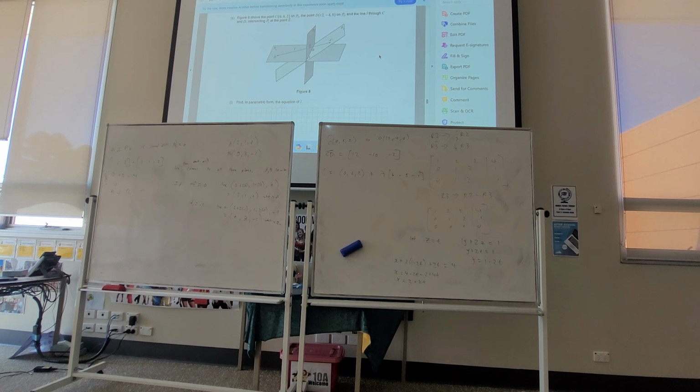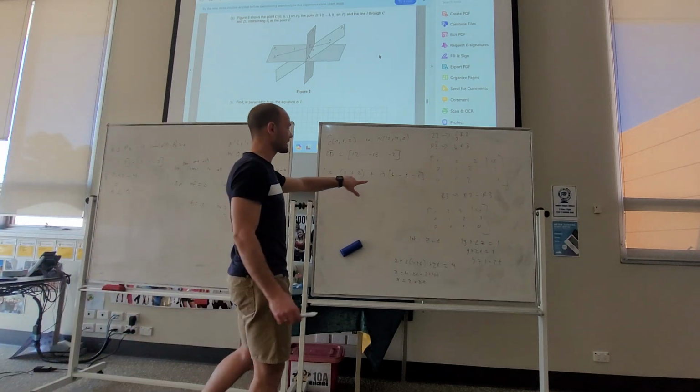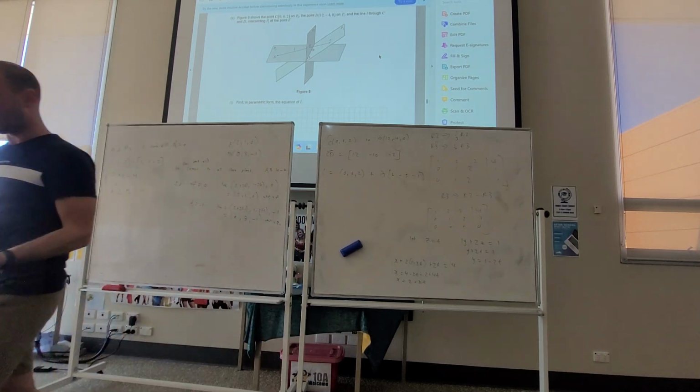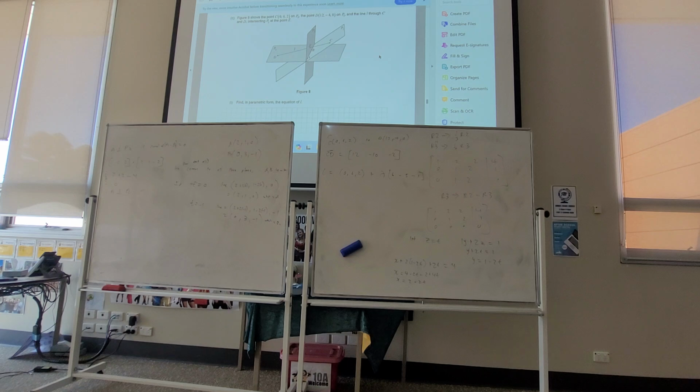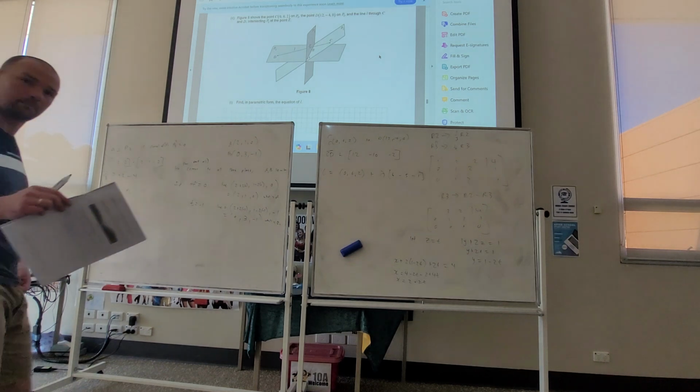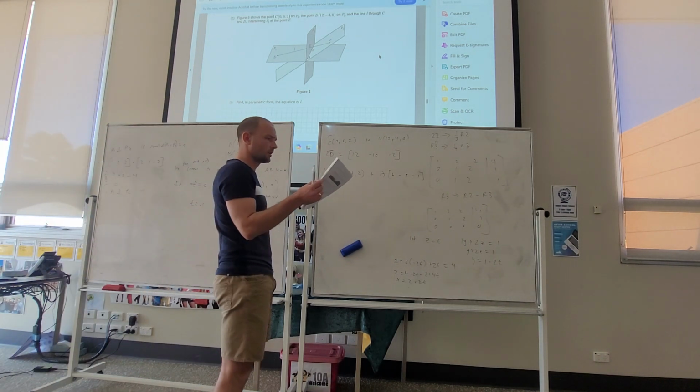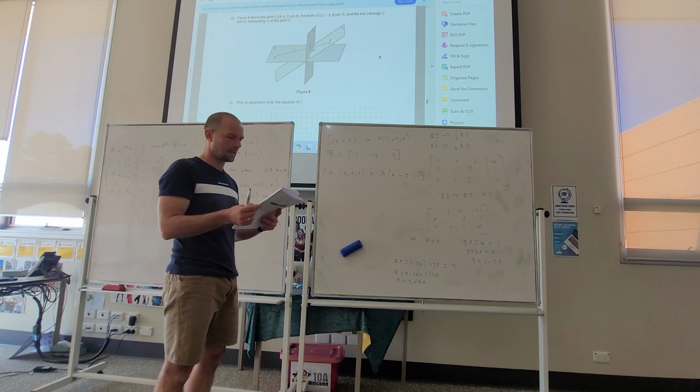Okay, find the coordinates of E. All right, well, E occurs when the equation of this line satisfies the equation of plane 2, because E is the point of coincidence of the line with plane 2.